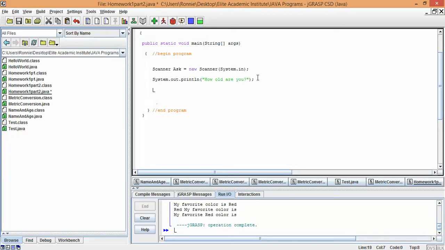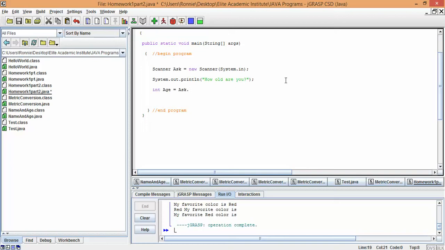Then we're going to ask int, and we're going to call it age. We're going to call age as ask, and again, it has to match the scanner.